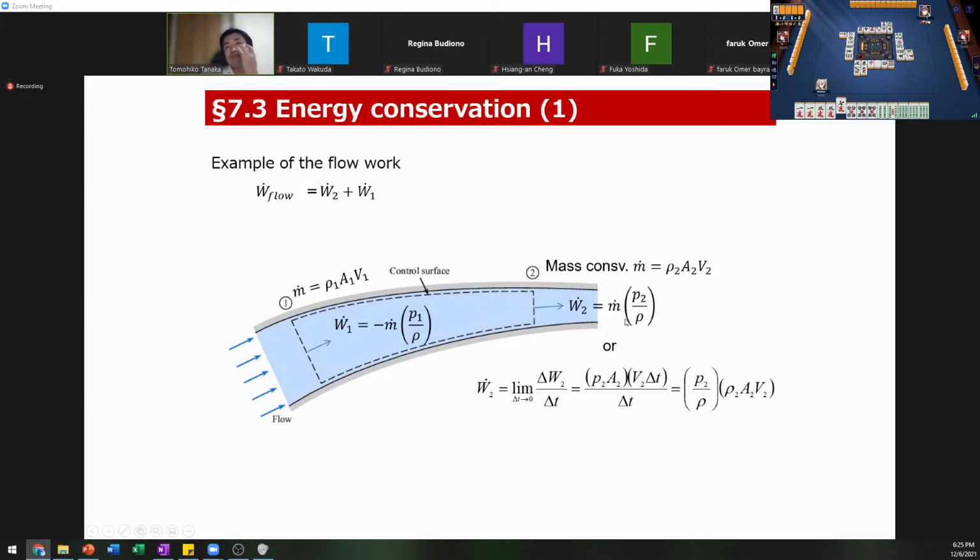So this means like mass flux times pressure, okay? More specifically, m dot can be defined as density times area times velocity. And then you can calculate W dot 2 as pressure divided by density times mass flux, which is density times area times velocity. Okay.